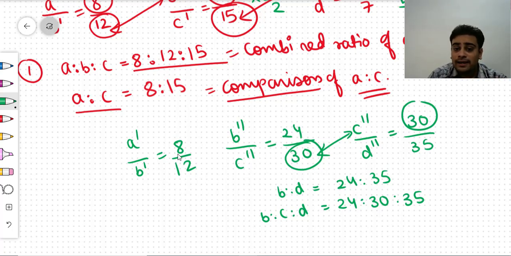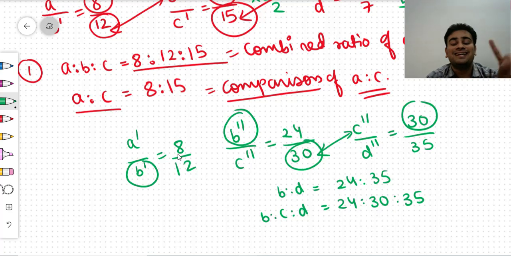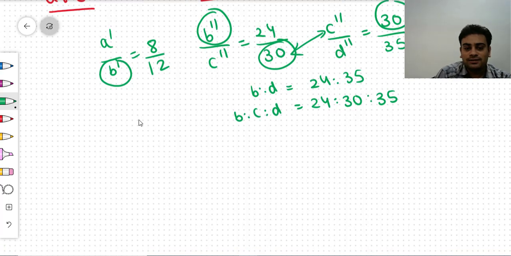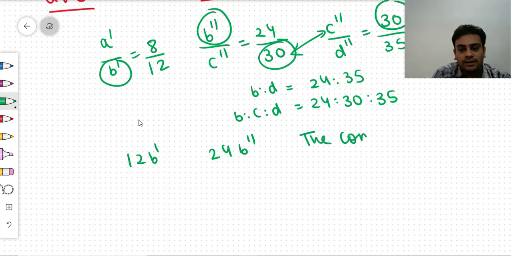But now my B ratio is different in the first and second ratio. So again I have to repeat the same process. I need to keep my B in both the first and second ratio the same. Okay, so again we'll do the same process. So B dash, 12 B dash and 24 B double dash. So again the common number. See, ultimately the process will always remain the same.